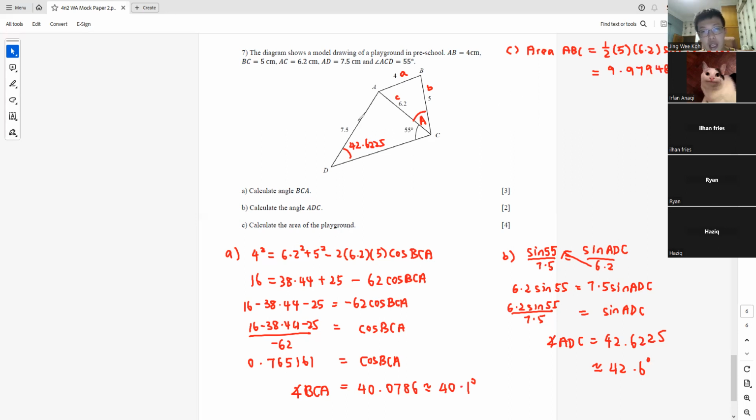Now I want to find area of ADC. I have 6.2, I have 7.5, I don't have DC. So the only option is for me to find this angle. So how to find this angle? I just take 180 minus these two. So angle DAC equals to 180 minus 42.65 minus 55.